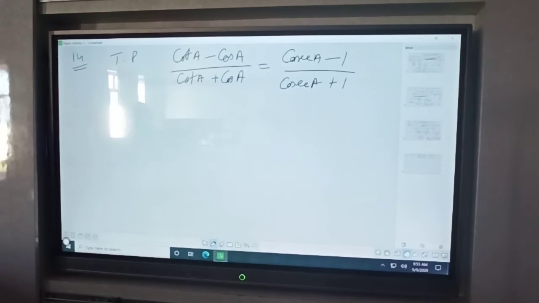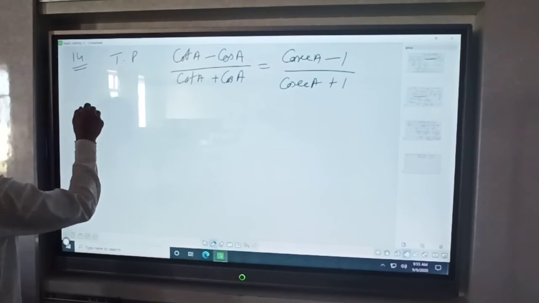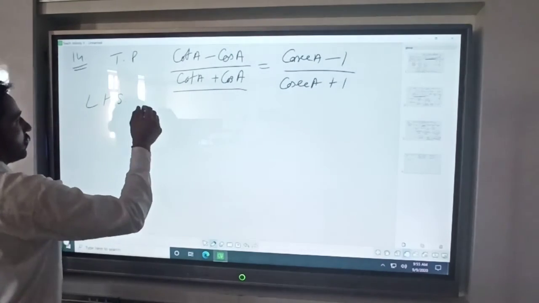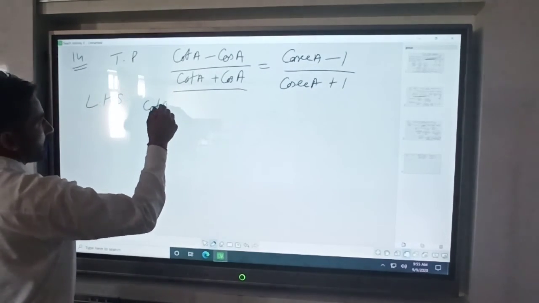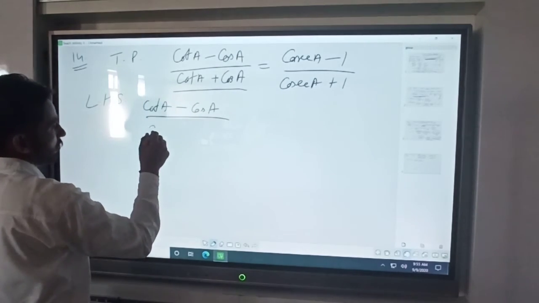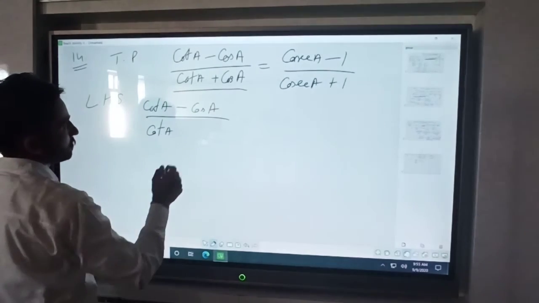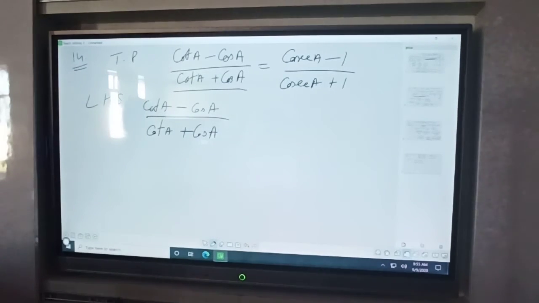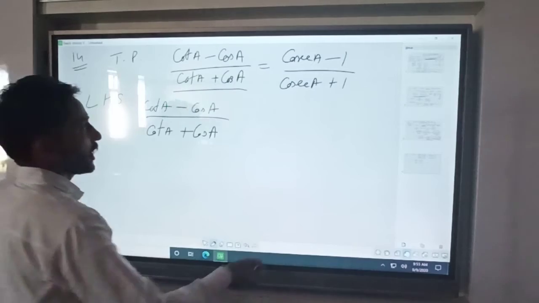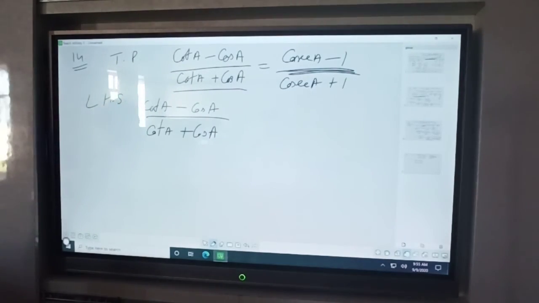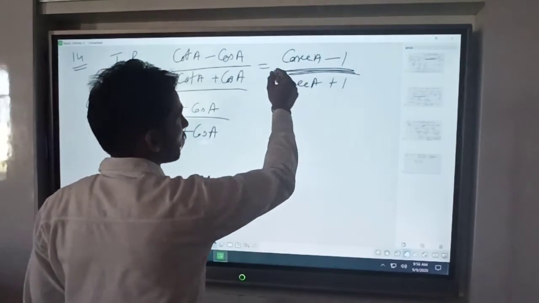Take the left hand side. This one is the left hand side. So it becomes cot A minus cos A over cot A plus cos A. Now what we have to prove? We have to prove that there is only cosecant. We convert it into only cosecant form.